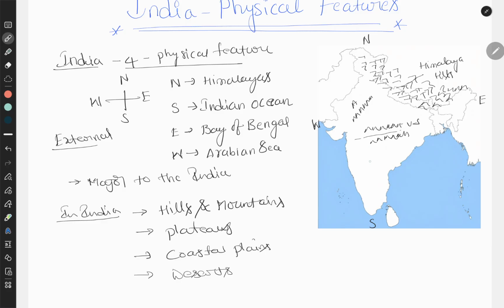Coming to the south side, we have the Western Ghats on the west side, and we have the Eastern Ghats on the east side. These are the Eastern Ghats, these are the Western Ghats.